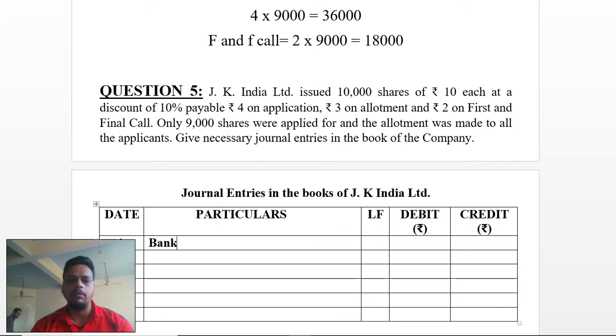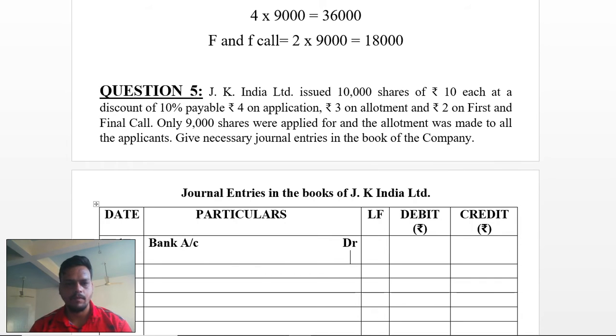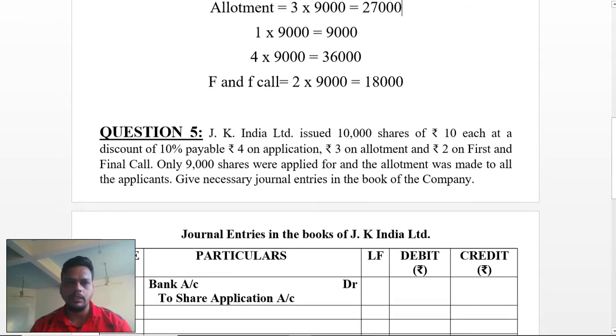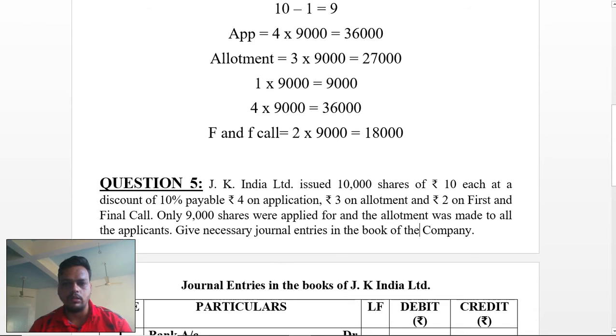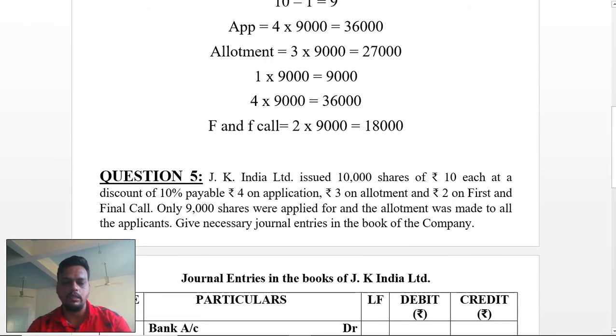So entry will be bank account debit to share application account. Here we have done debit part also. Now entry will be for rupees 36,000. Here we are getting 36,000 rupees.